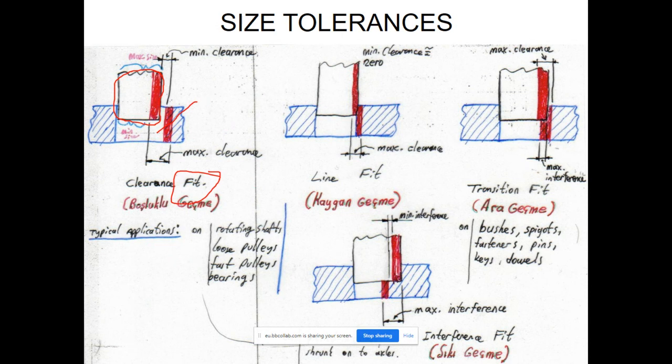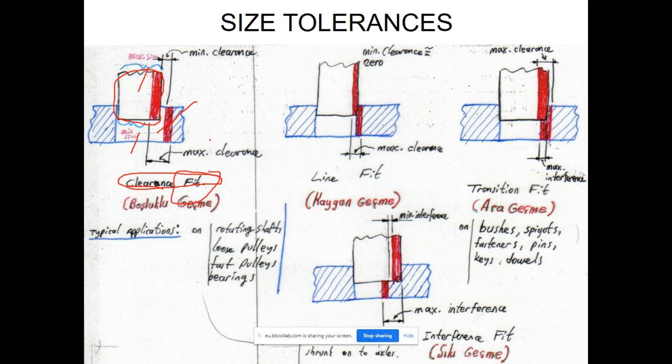In the diagram we use special phrases to amplify the order of clearance. If it is a clearance fit, then this means in all the cases, no matter whether this feature is at upper limit or lower limit, and that feature at upper limit or lower limit, when they are manufactured and mated, there will always be a clearance between them.